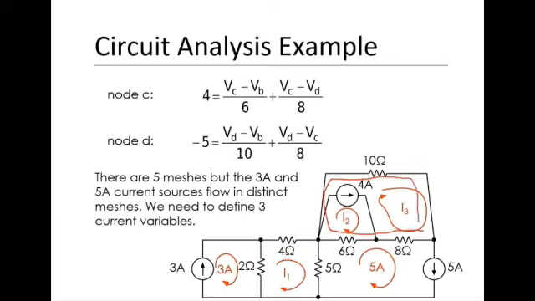You effectively avoid this 4 ampere current source by selecting this super mesh, as we call it, which is actually derived by doing the KVL of this loop plus the KVL of this loop. You'll get the KVL of this bigger loop right here.